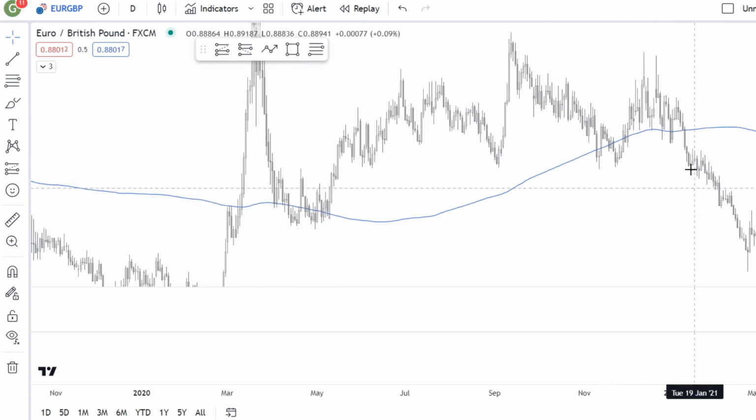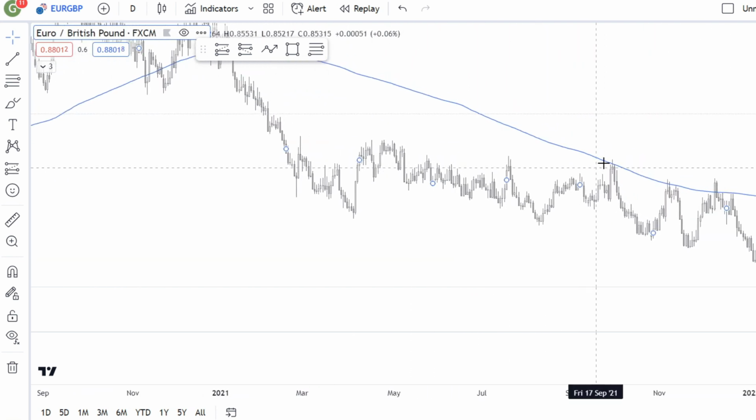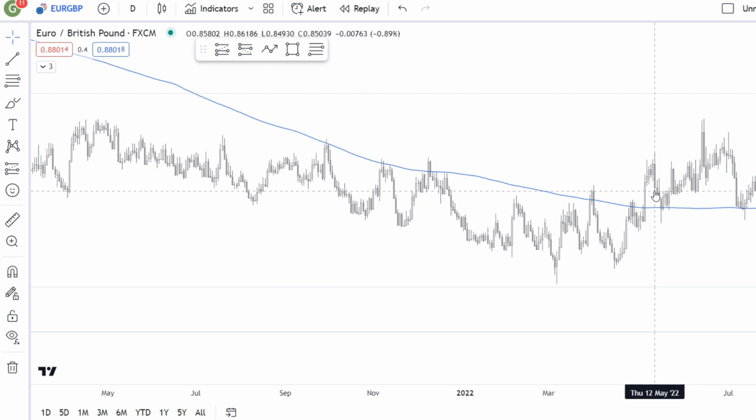Then it drops down below the 200 moving average, but what happens over here, we see that it now is a dynamic resistance level. So it bounces off that line, it bounces off that line until we break the line.